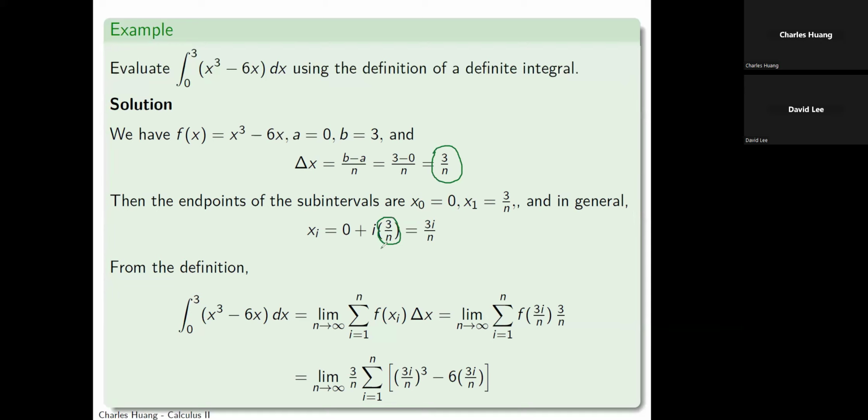That's the width. The first point is at 1 times 3 over n, the second point is at 2 times 3 over n, the third one is at 3 times 3 over n. i is my counter, the ith point. I don't have to add anything in this case, because the starting point is 0.